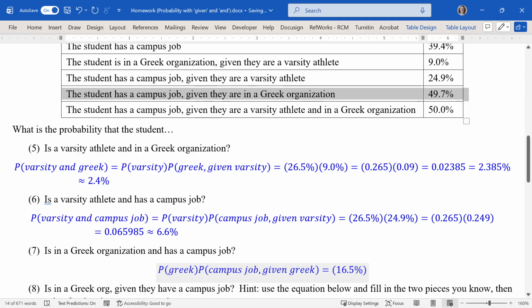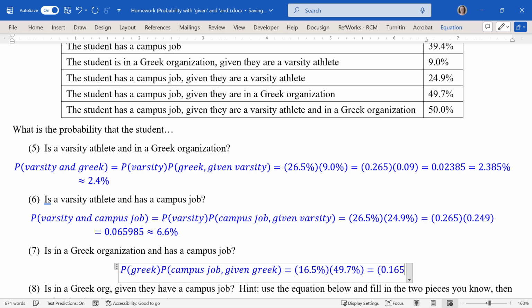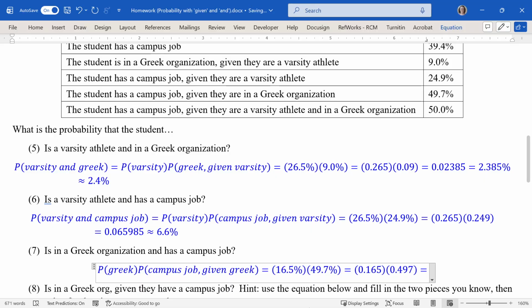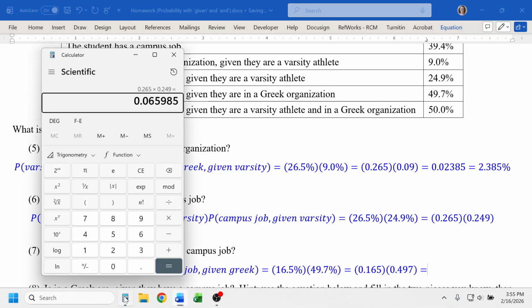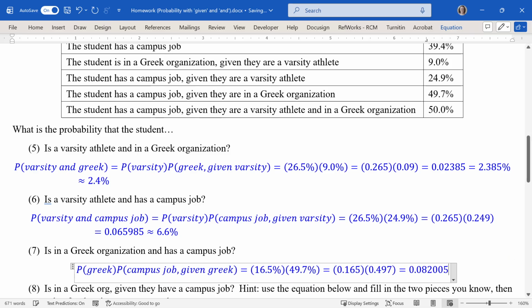So quite a bit higher than the regular percentage of all students having a campus job. Multiply these in decimal form. Should be about 8%. I think it's about half of that 16%. Let's see exactly. Yeah, 8.2% approximately.